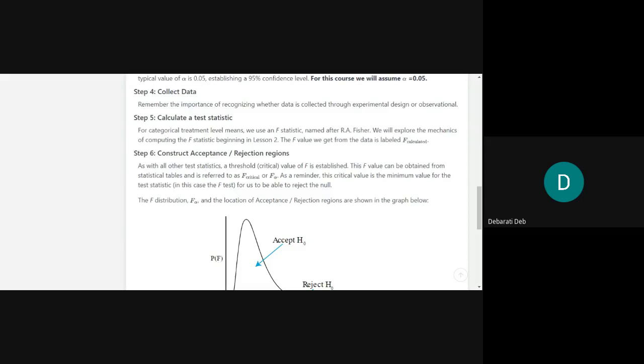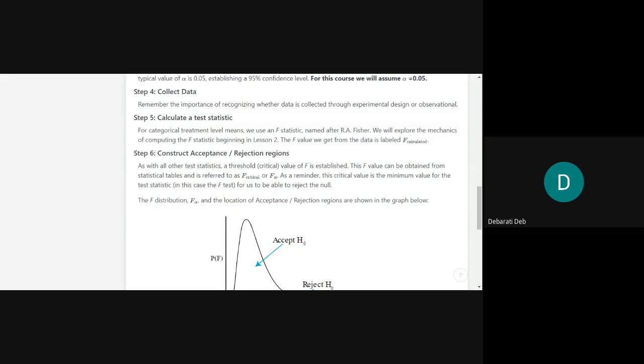Then there are other high level tests also that I'll teach you, then you decide which one you want to do. Now you collect the data. As I told you, remember the importance of recognizing whether data is collected through experimental design or observational. If it is experimental design, then you will have to select two sets of data.